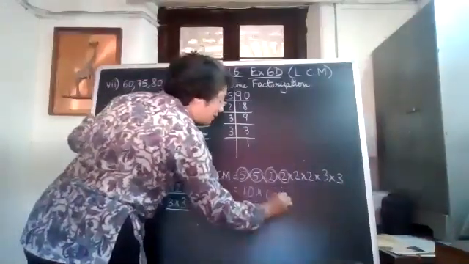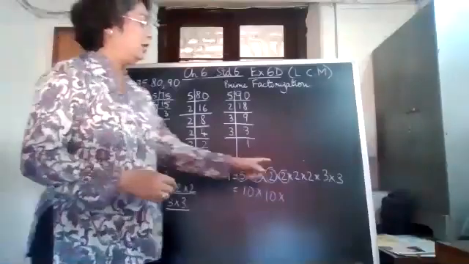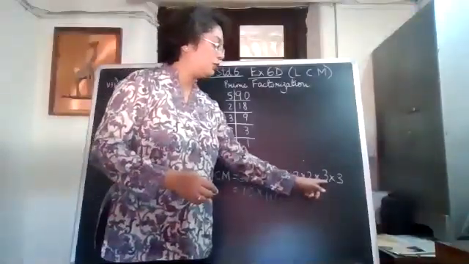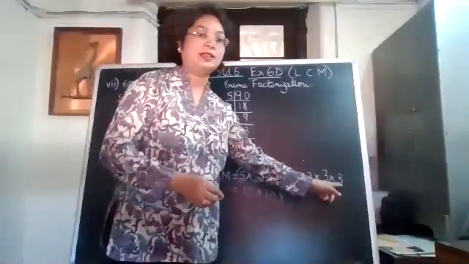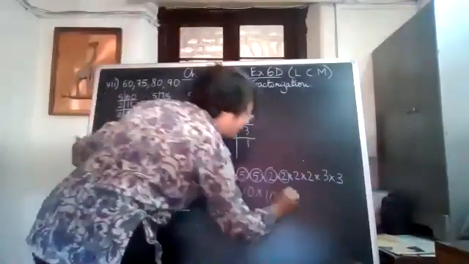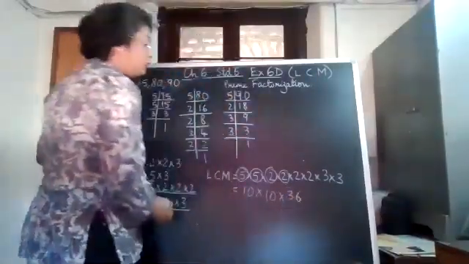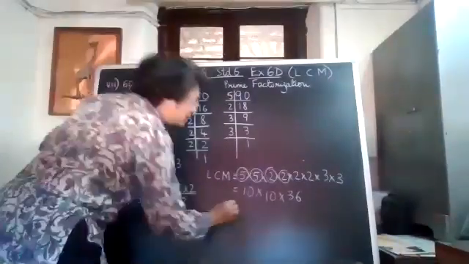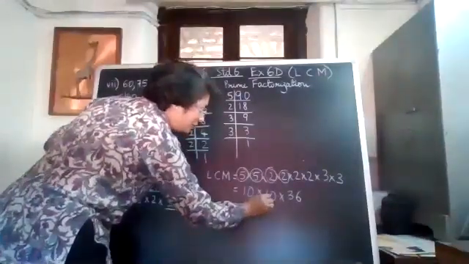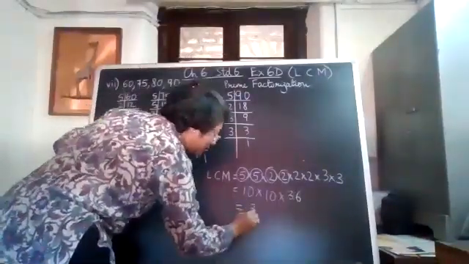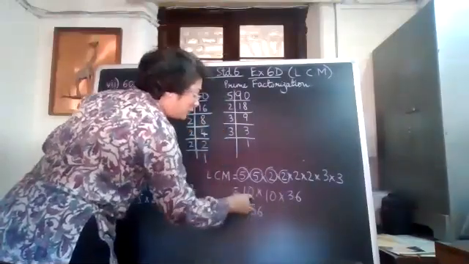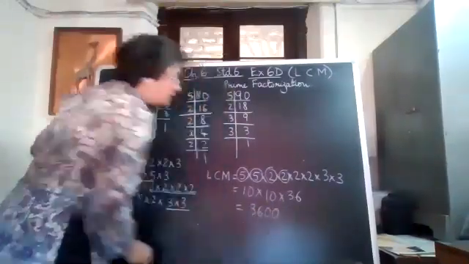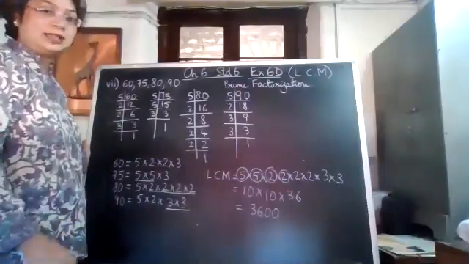So these numbers have gone. What's the numbers remaining? 2 2s are 4. 4 3s are 12. 12 3s are 36. Now you know mental maths. 10 10s are 100. You're multiplying by 36. 36 you put, and how many zeros? 2 zeros. Is that clear?